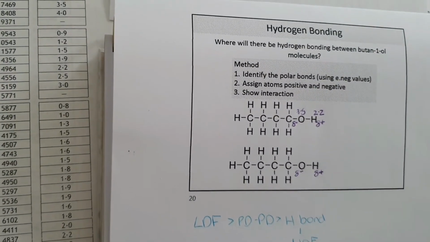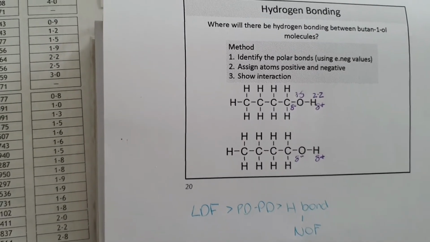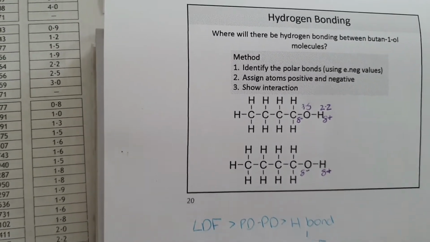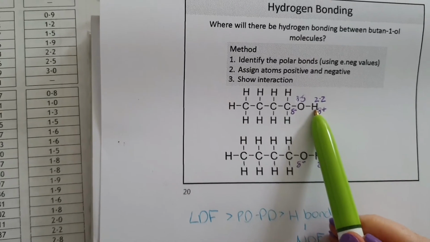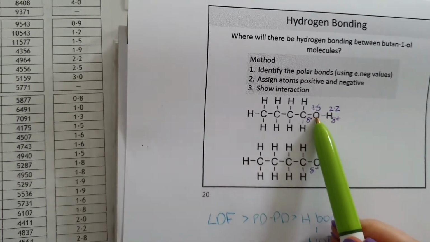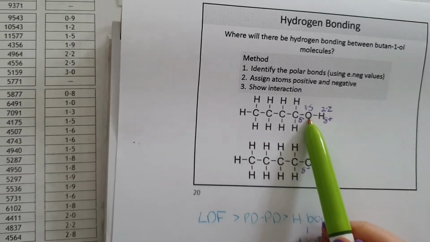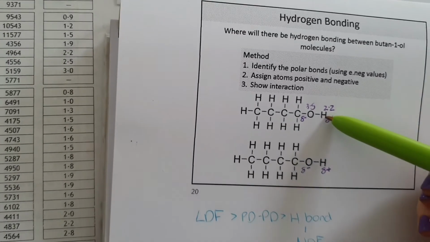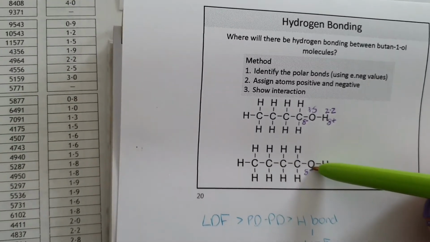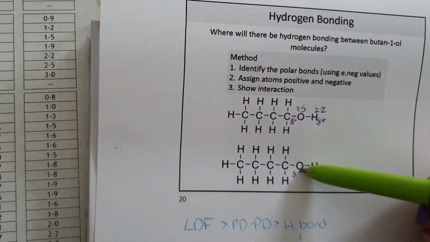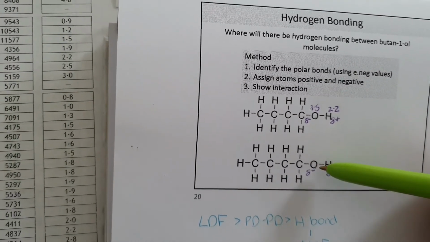Both are correct and both match the definition that hydrogen bonding is when a hydrogen is attached to either N, O or F, in this case O, and because of that we get it interacting with the opposite atom in a different molecule.